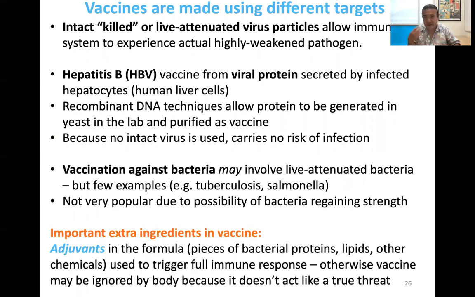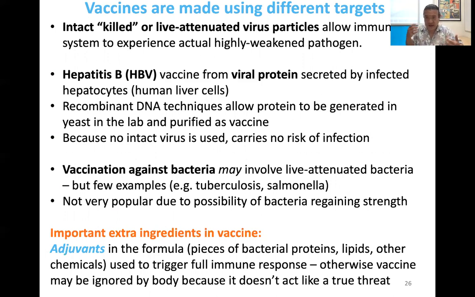Other vaccines come from the viral proteins that are used. Some vaccines, you can actually use bacteria to try to trigger your immune system. And in some cases, right, depending upon what is in the vaccine, you might need to have, as part of the formula of the vaccine, certain adjuvants or things that are added to the vaccine in order to really stimulate your immune system and get it to pay attention.